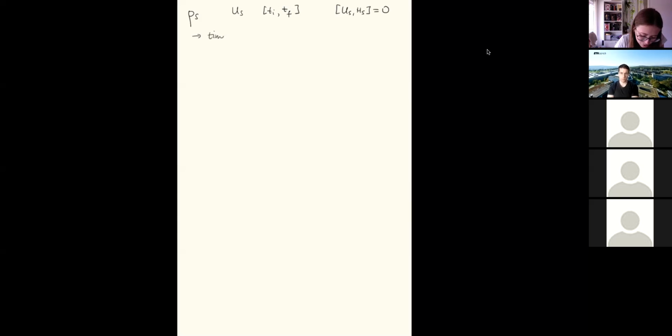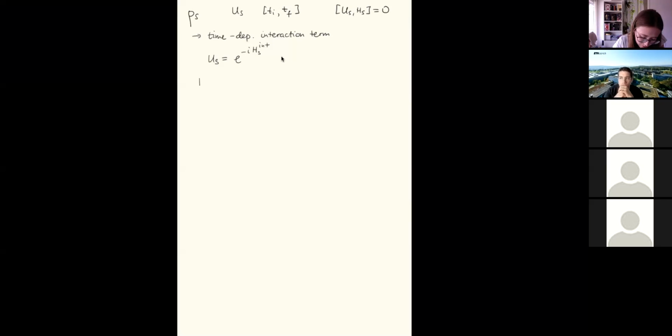So we need some time-dependent interaction term. For this, we first find a Hamiltonian which corresponds to this unitary US, which we call the interaction Hamiltonian. This is possible because for every unitary operator, we can always find such a self-adjoint operator.